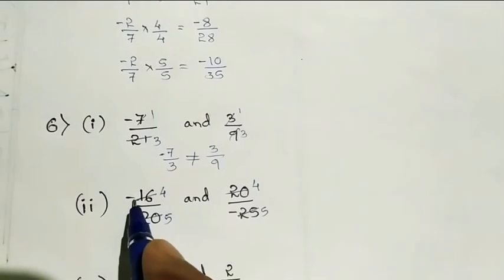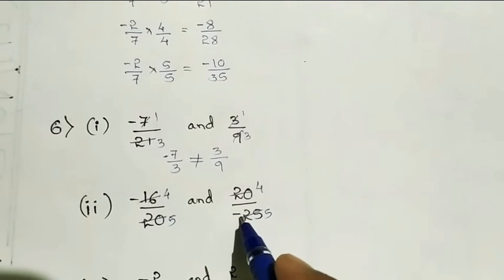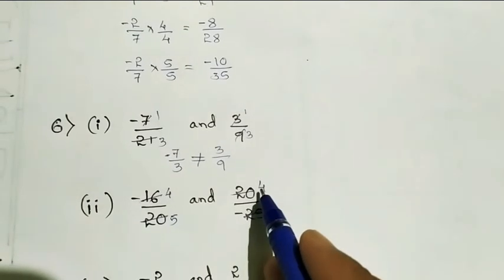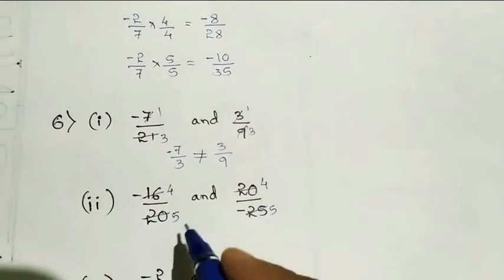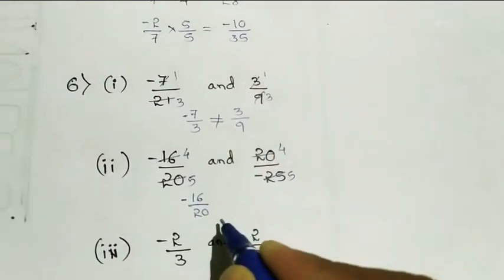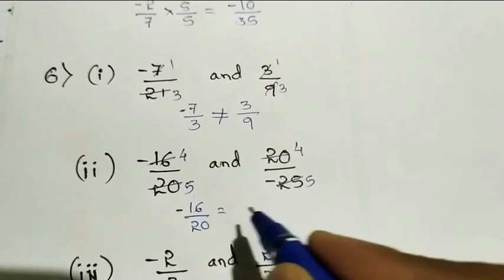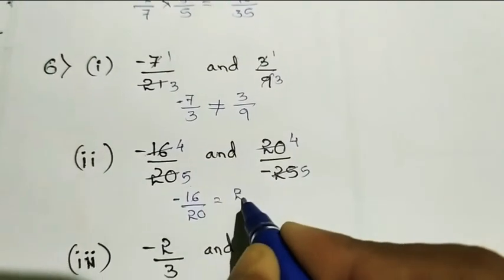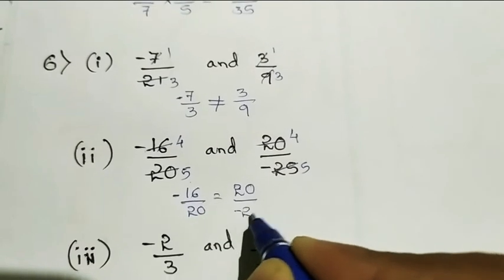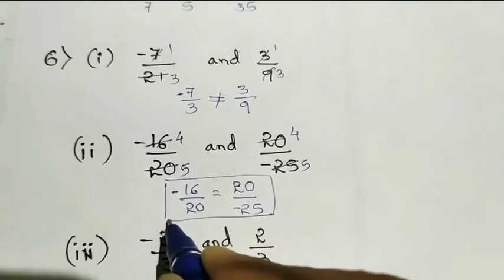Here minus is there, so we can write it as minus 4 by 5, and here also minus is there, so we can write it as minus 4 by 5. Therefore minus 16 by 20 is equal to minus 20 by 25. So here these two are equal.